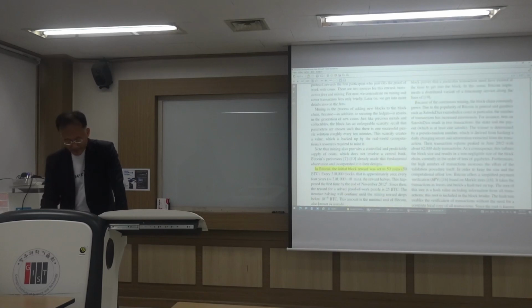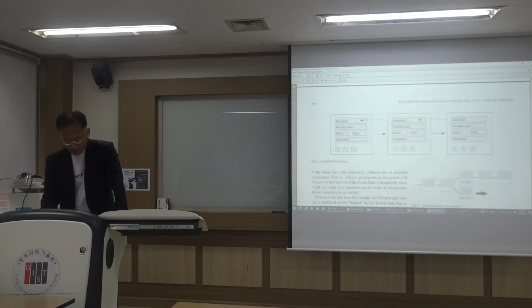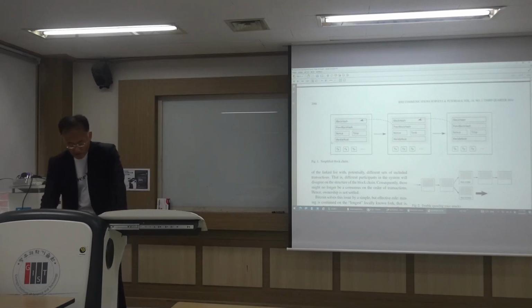The blockchain idea, block height, and some of the structures in blockchain, right? Block header and block body, right? And the block body has the transactions, and the Merkle root hash of the block body is included in the block header.